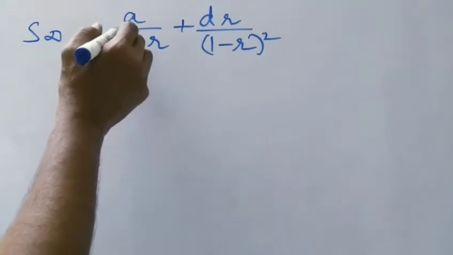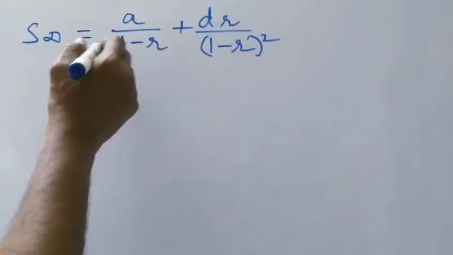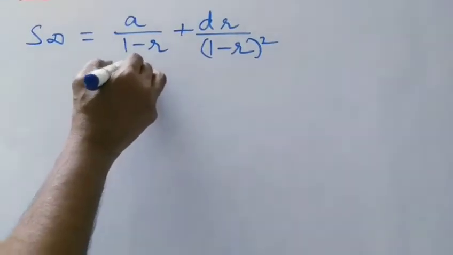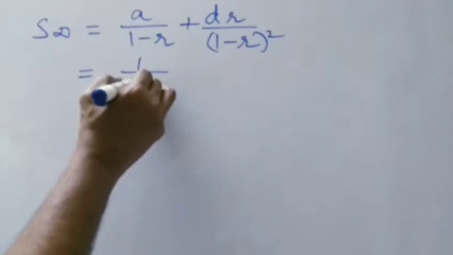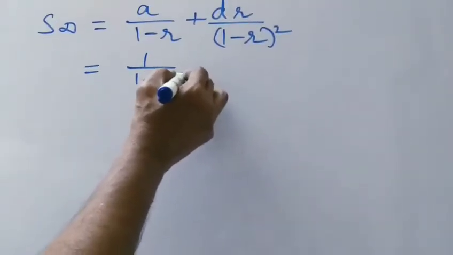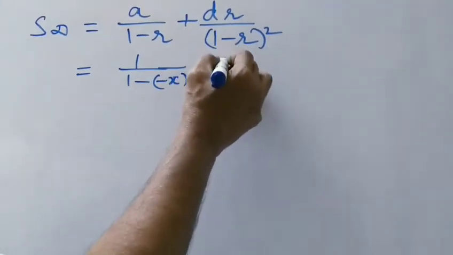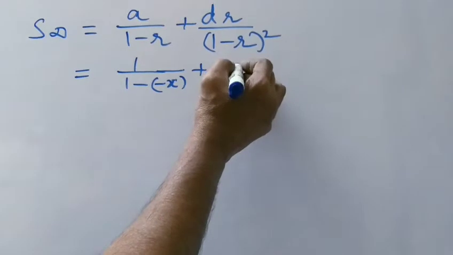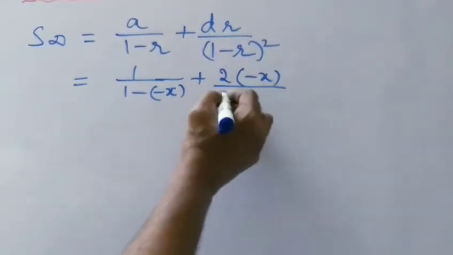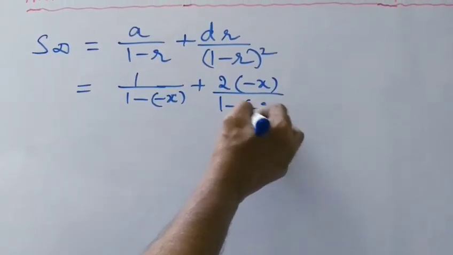Substituting the values of a, r and d in this, we have a is equal to 1. 1 by 1 minus the common ratio value, minus x, plus the common difference 2 into the r value, minus x, by (1 minus of the common ratio value) whole square.